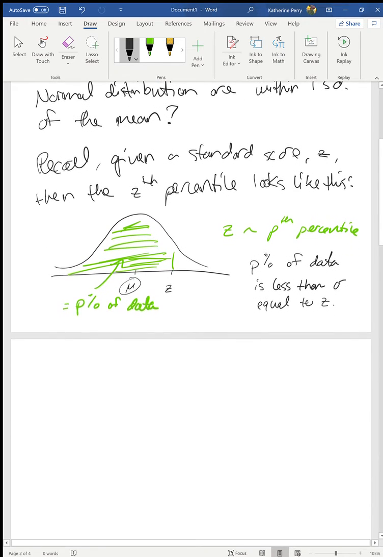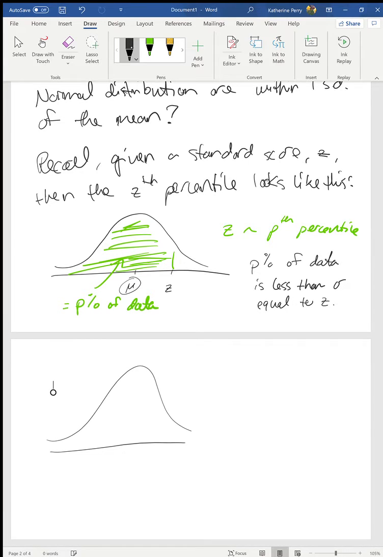Okay, so again, let me draw another picture of a normal distribution, maybe a better picture. All right, so again, here's my mean, and here's my first standard deviation, so 1 standard deviation away from the mean, whatever that is. And I'm going to calculate that one's percentile.